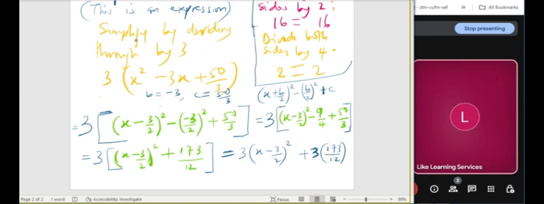Did you understand what I just did now? It's just distributive multiplication. I just distributed the 3 to this and to this. Yes, I just distributed the 3. 3 multiplied by this first bracket and 3 multiplied by 173 over 12.